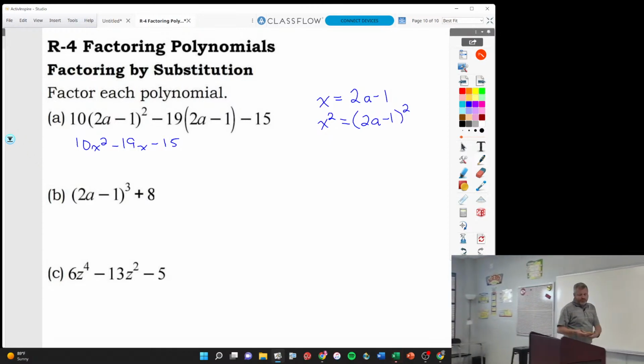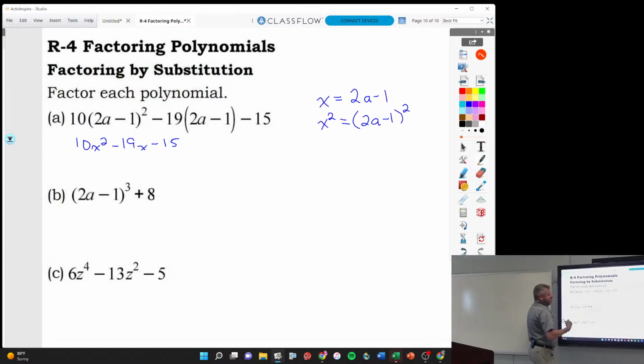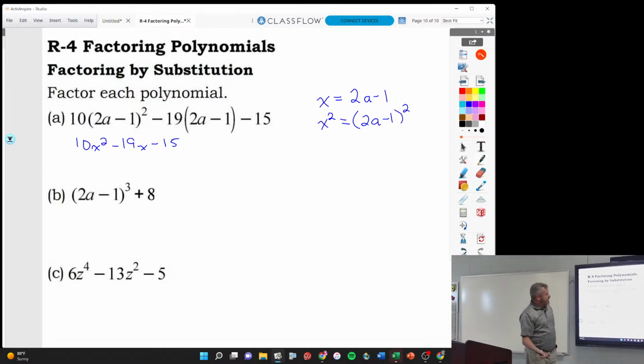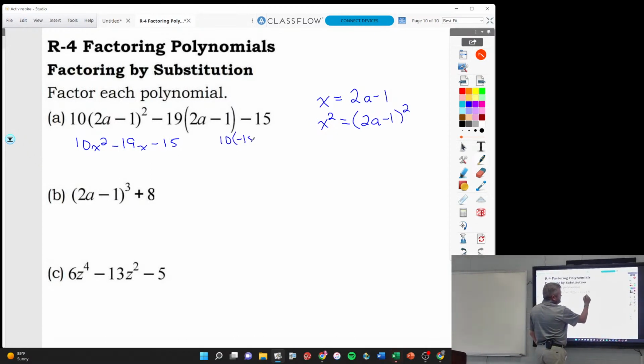Okay, so 10, 19, 15, can't factor anything out of this. So I'm going to look at 10 times negative 15, and that's going to be negative 150. So I want two numbers that have a product, meaning I multiply them together and get negative 150, but when I add them together, I get that middle term of negative 19.